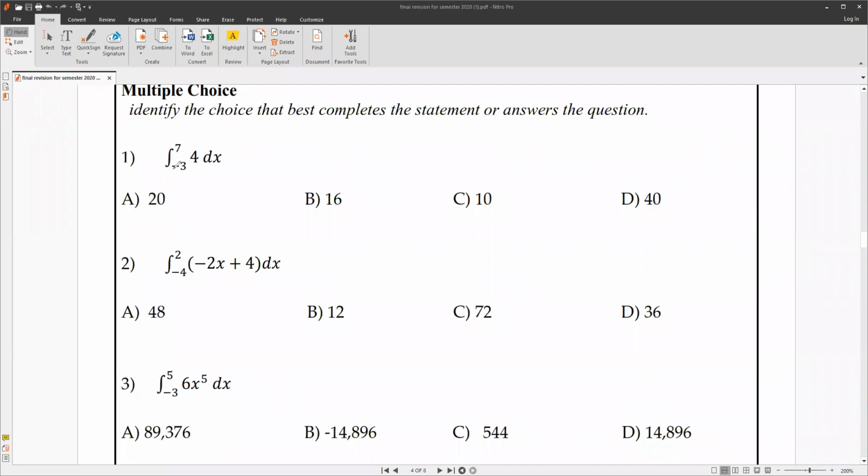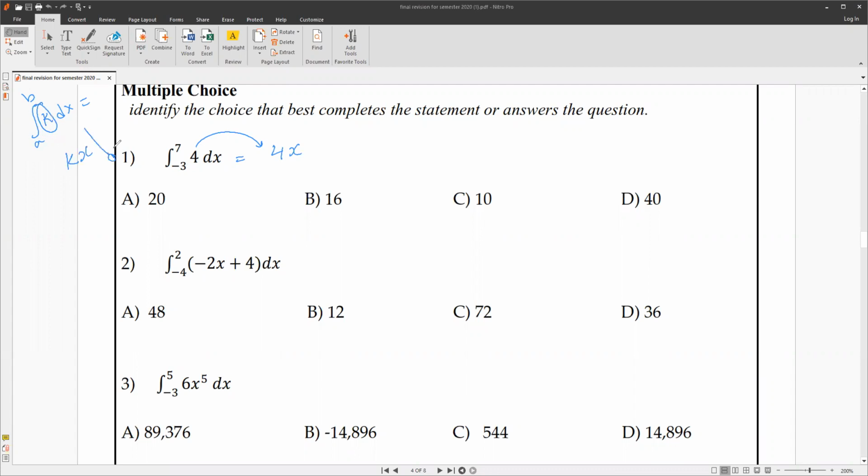That is a definite integral. How do we find the definite integral? I have to find the integration of this function. What is the integration of 4? It will be 4x. That is the constant rule. The integration of any constant with respect to any variable from a to b will be kx.